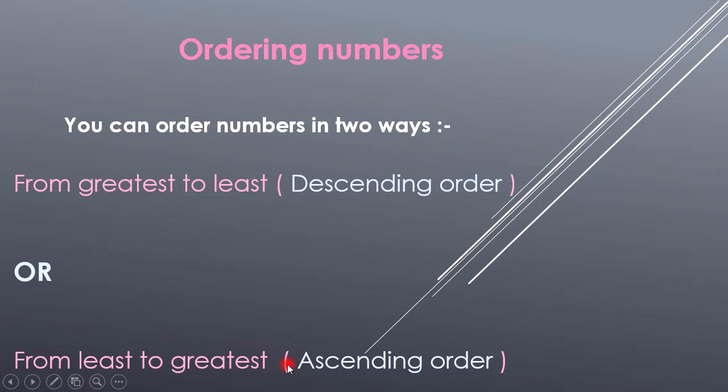And we said that least means the smallest number and greatest means the biggest number. So we have two ways to order numbers: descending order and ascending order. So now we will talk about descending order.